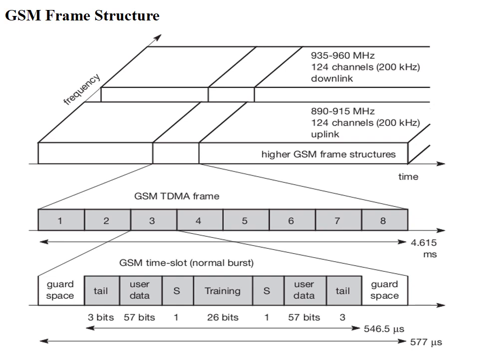Each of these 248 channels is additionally separated in time via the GSM TDMA frame. That is, each 200 kHz carrier is subdivided into frames that are repeated continuously. That means each channel is a 200 kHz carrier, and in this way there are a total of 124 uplink channels and 124 downlink channels.